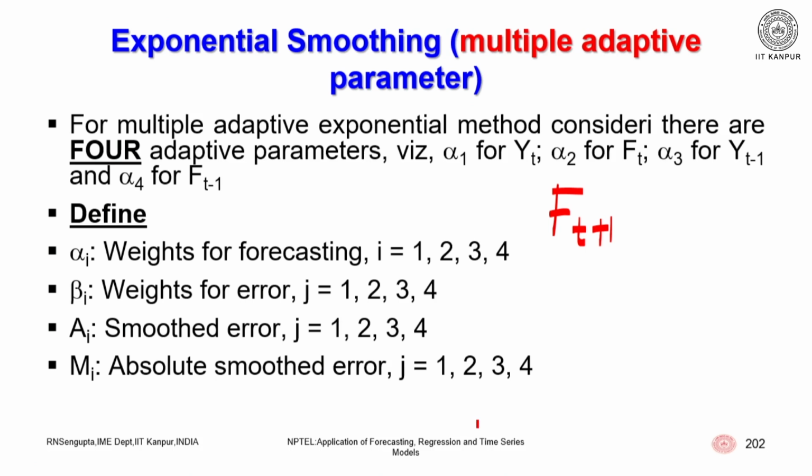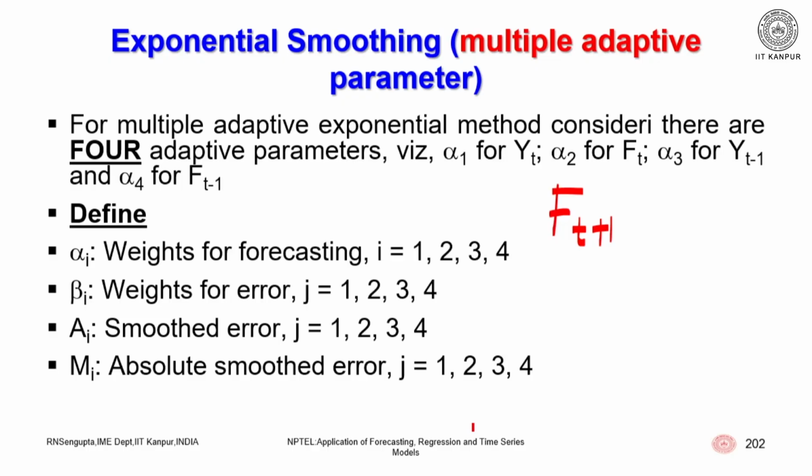We will follow the same concept, with the added idea that these alpha 1, alpha 2, alpha 3, alpha 4 are adjusted with respect to how the overall forecast is made from time period to time period.